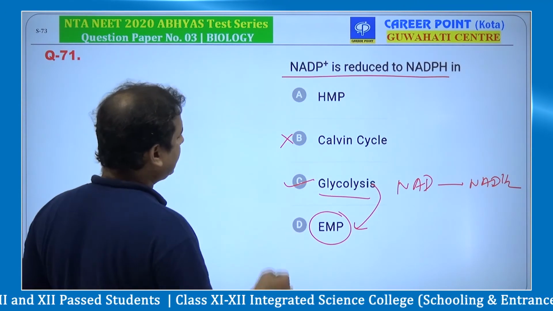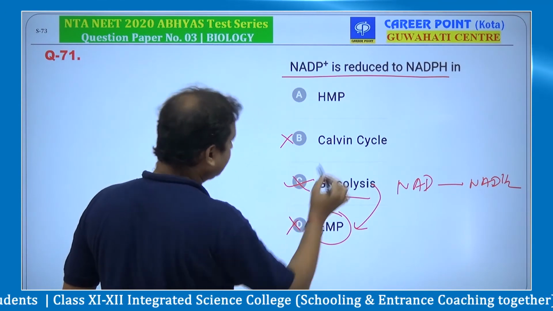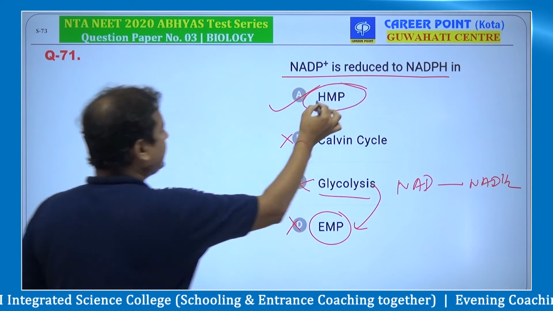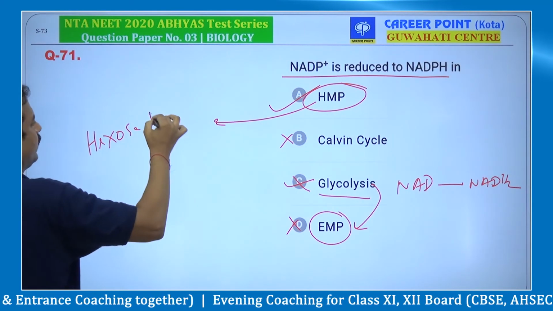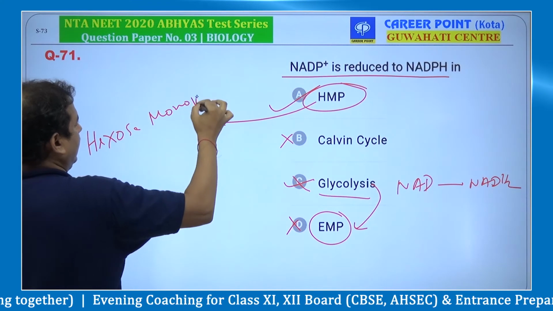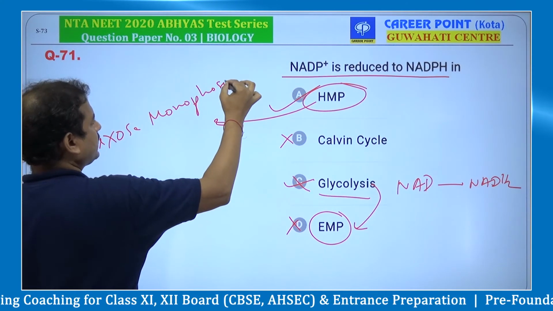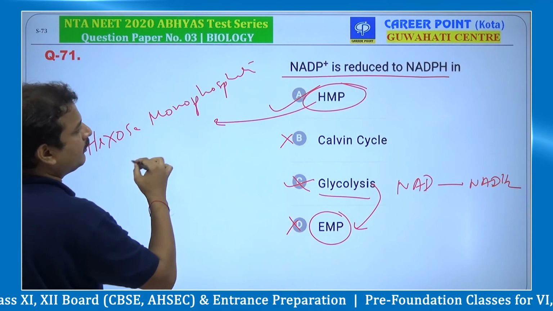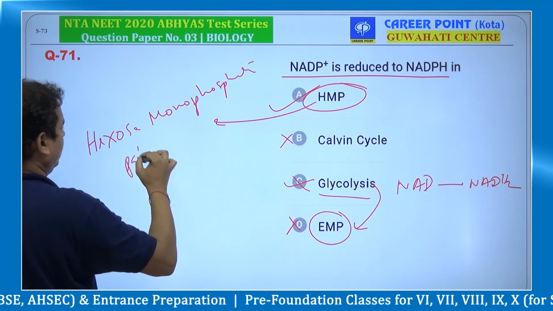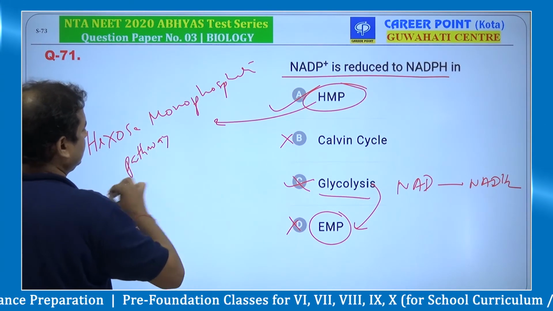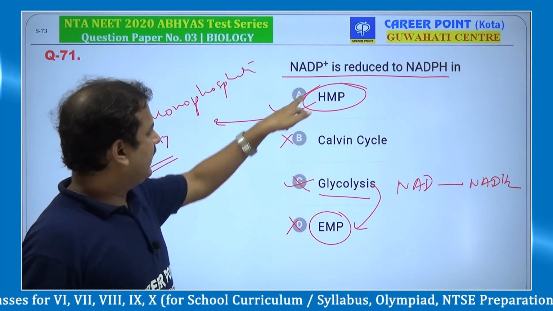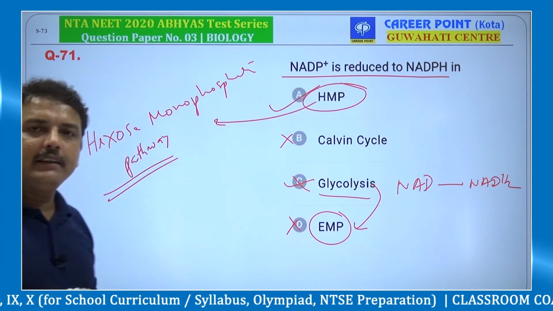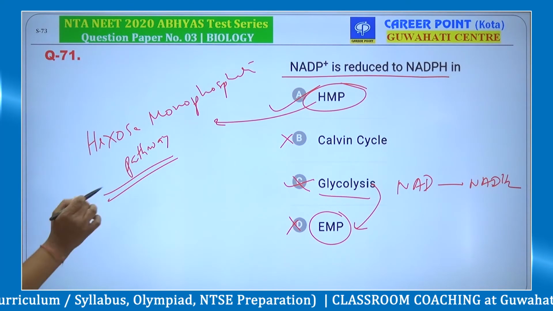So here the answer is HMP, meaning hexose monophosphate pathway. It is not in your NCERT book. So please remember, out of these four options, option A is correct, where NADP is reduced to NADPH. Next question.